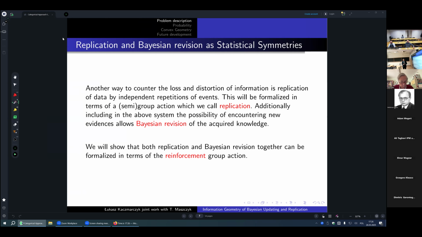So, I already mentioned the need for information geometry. I mentioned the loss and distortion of information, and it may seem a bit hopeless to retrieve anything of value if at each step we systematically lose. So to counteract it, we need to introduce some replication, which is intuitively quite easy to understand.